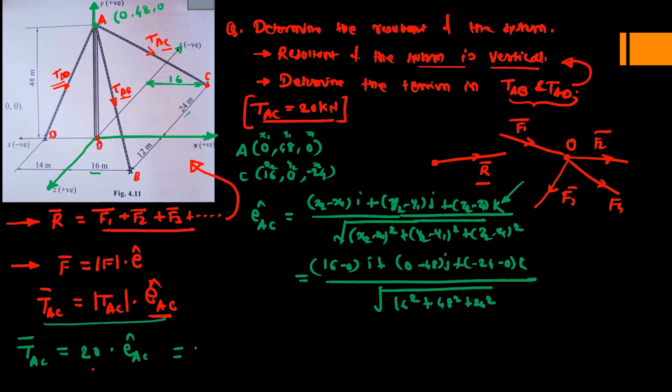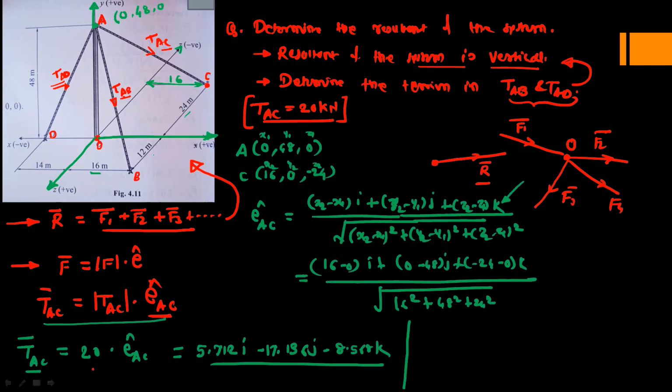Finally, you will get the tension AC as the vector 5.712 i minus 17.136 j minus 8.568 k. This is the vector form for the tension AC. Similarly, find the vector form for the tension AB and tension AD.